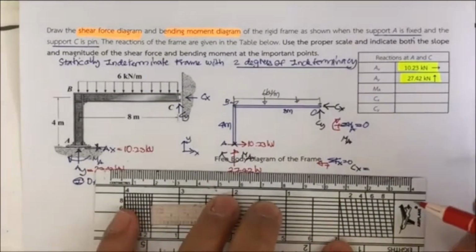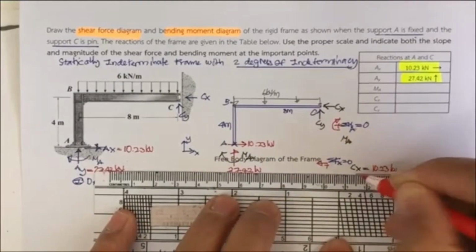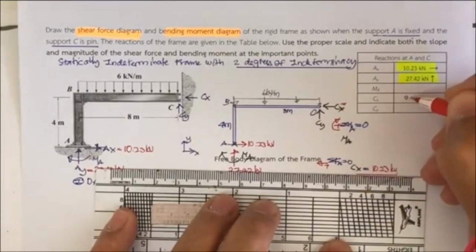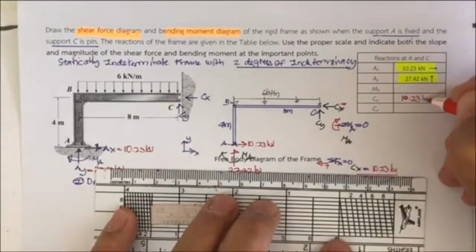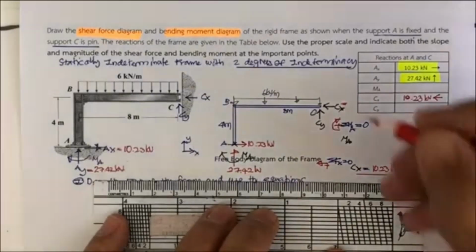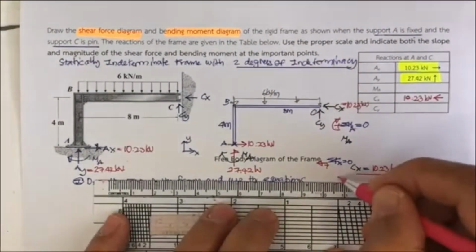So the C sub x is going to be easily found: 10.23 kilonewton, and the direction is like this.